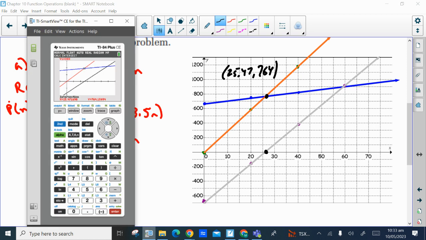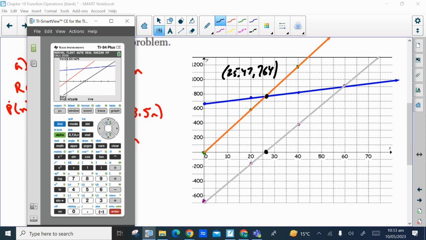But that should be the same number for the x-intercept of the third graph. So second function trace, we want the zero, which is number 2, and we have to move down to that line. There we go. Now we're on that line. The left boundary has to be somewhere to the left of the x-intercept, so that's good. The right boundary has to be somewhere to the right of the x-intercept. Good. And then hit enter, and you get exactly the same value for x, 25.47.